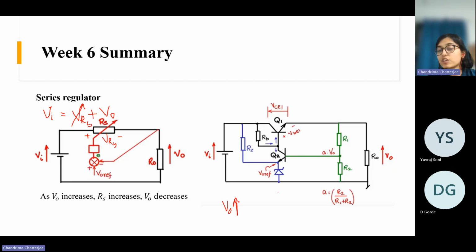Then this A V naught will also increase because these values are constant. A V naught is the voltage that is providing the base current to this Q2. So if A V naught increases, then the base current of Q2 increases, IB2 increases, right?